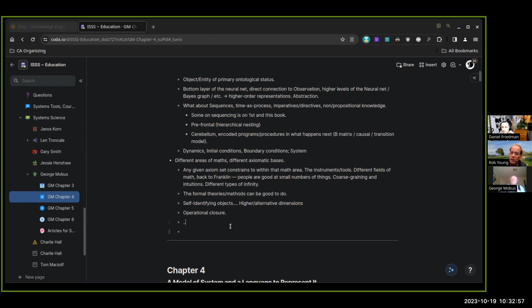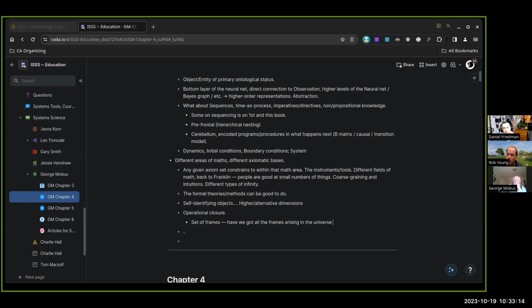And so I think that's an important concept, because we're talking about a set of frames here, a frame set, an operational closure. Have we got all the points of view that answer all the questions that arise in the universe that we're discussing? And if there are some obvious gaps, then obviously we need to expand our number of frames to describe that.